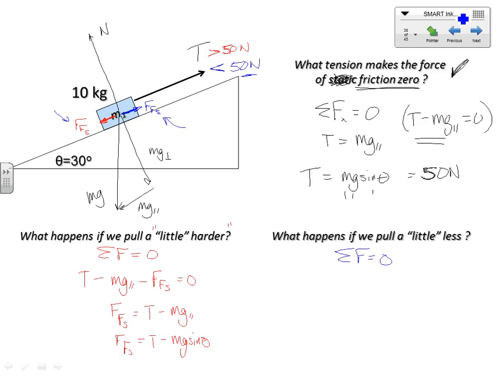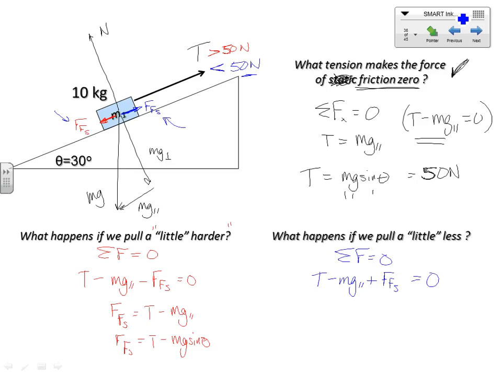Okay, so in this case, our net force statement changes just a little bit. Now it's T minus mg parallel plus the force of static friction equals 0.